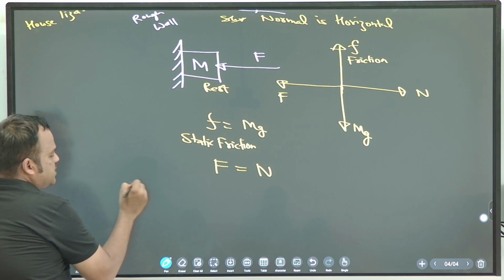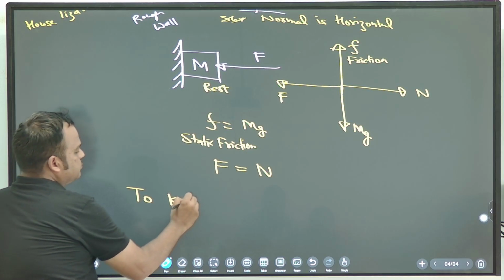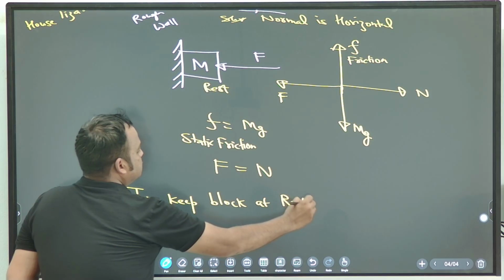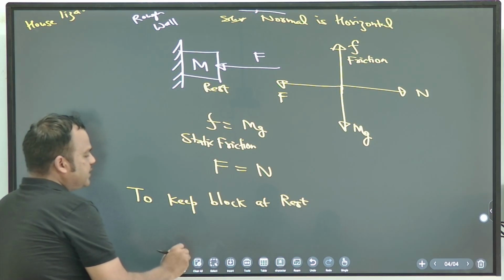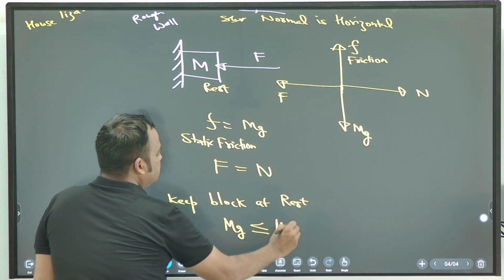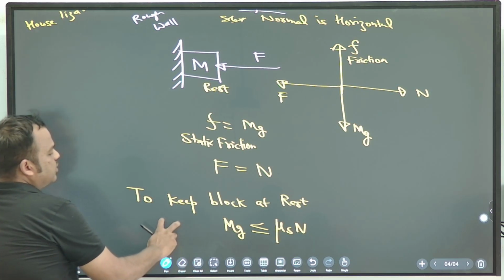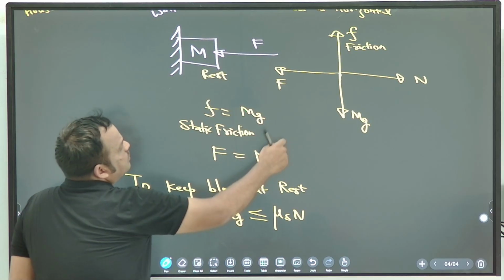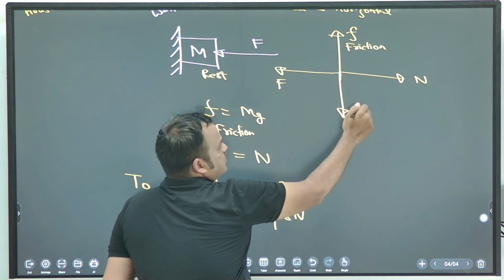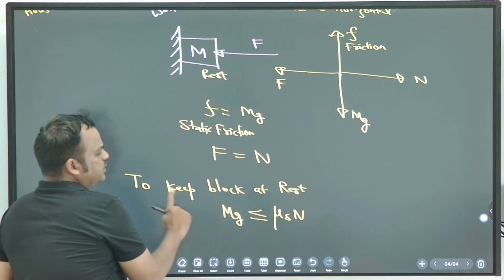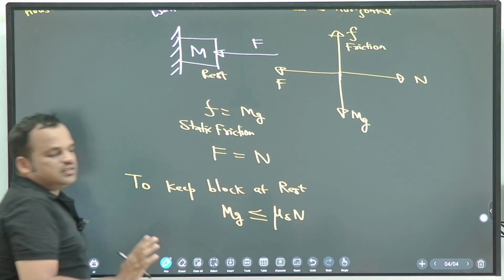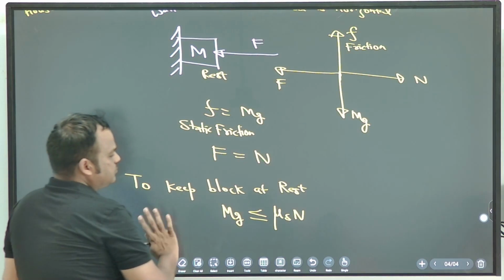Now the condition for rest. Note down. To keep the block at rest, mg must be less than or equal to mu s N, because mg is pulling it down, friction is acting upward, and the maximum friction is mu s N. I want the block to be at rest, no slip.